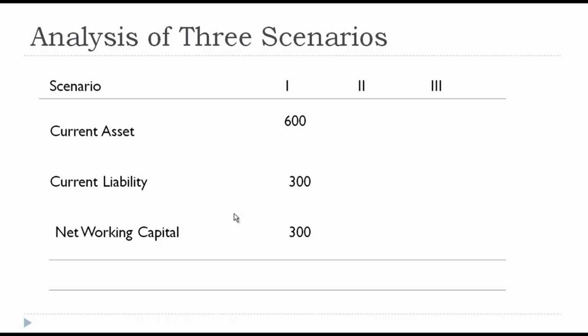See, please note, the company had current asset of 600, of which 300 was funded by current liabilities. Then who funded the balance 300?